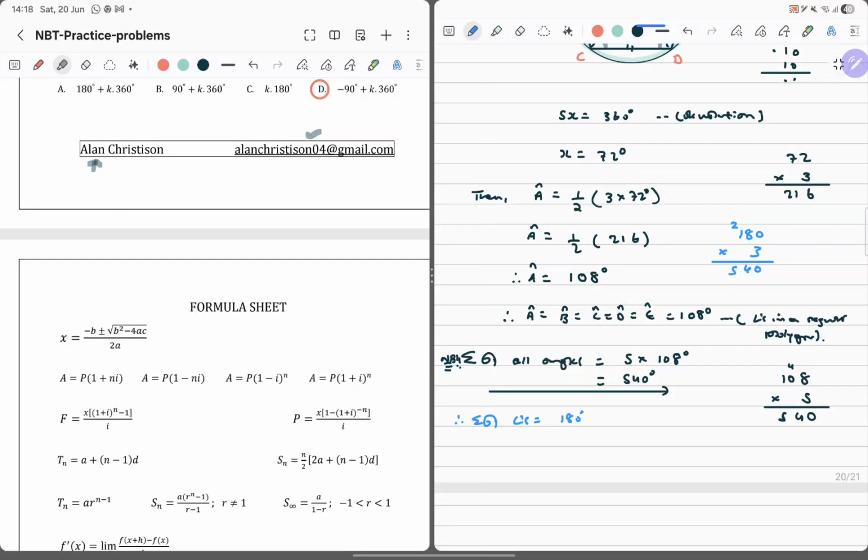Can you see it's 180 by 3? Now this is going to be 180 degrees into 3, from 5 it is 5 minus 2. Can you see consistently? So this is 180 degrees into n minus 2. So this is how we find the sum of angles in a regular polygon. Basically it's always going to be 180 multiplied by the number of sides minus 2. We will always get the sum of the angles.